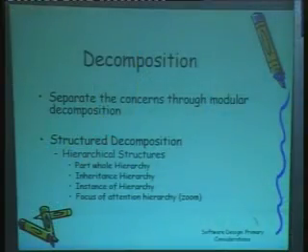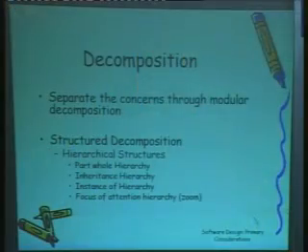Or you can take a classification hierarchy or an inheritance hierarchy, an is-a hierarchy. Another way of decomposing is the instance-of hierarchy, the types. A is a type of B, B is a type of C, and so on. In languages like Smalltalk, you have objects, classes, classes of classes, and metaclasses.